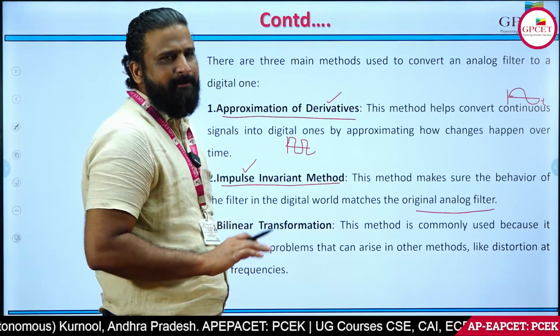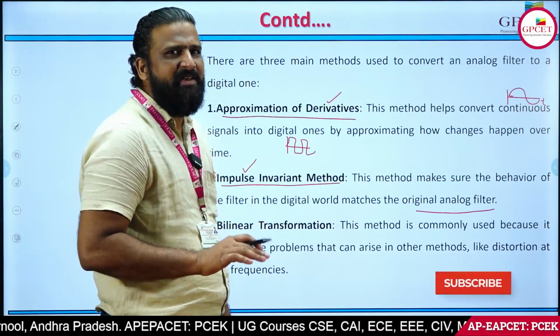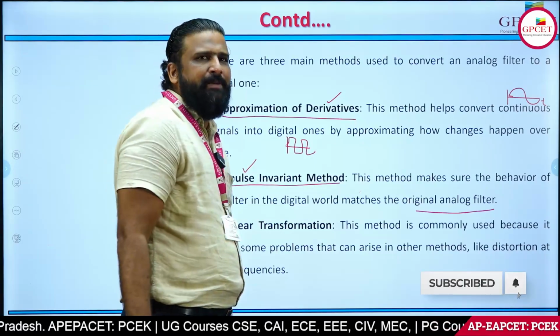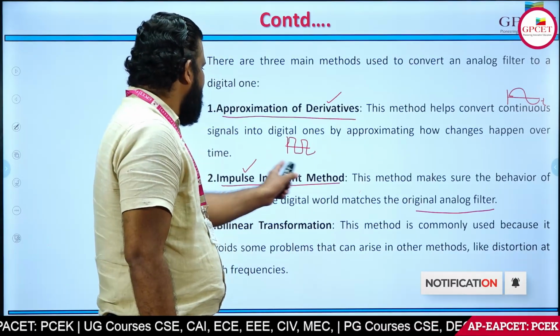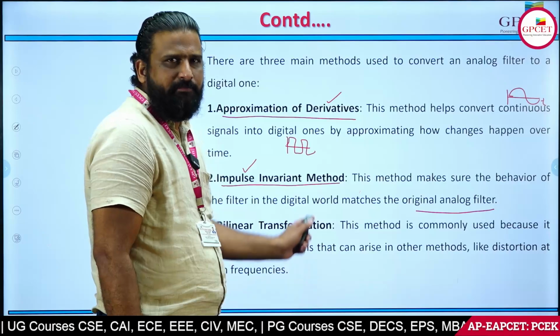The name itself tells us: the impulse should be matched. So the output impulse of the digital filter should match the input impulse of the analog filter, and that is why the impulse invariant method is used.